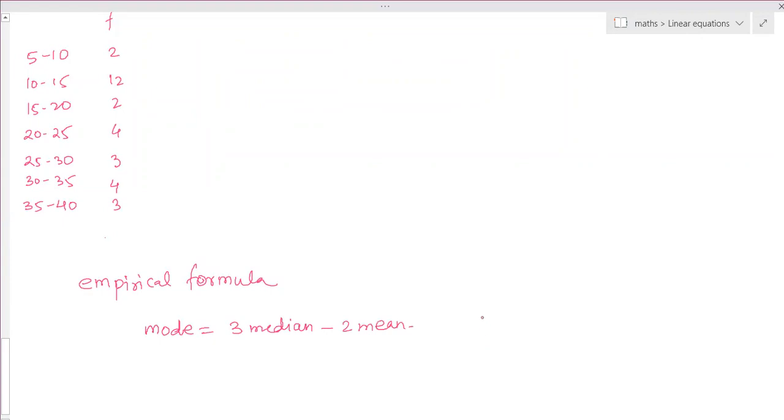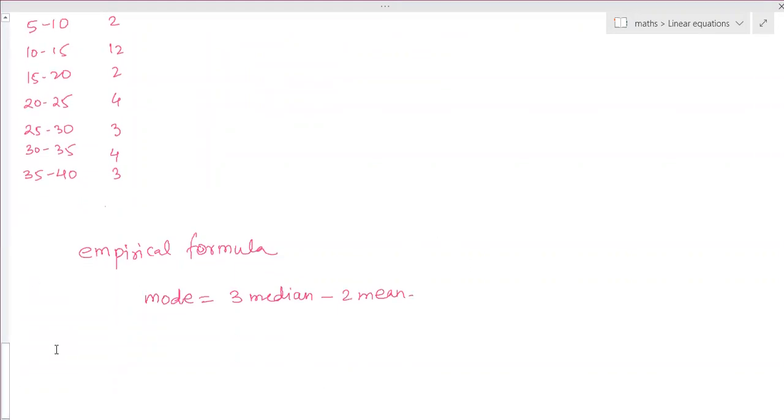If a 1 mark question is asked, and mean and median are given, you have to calculate mode. Or if mode and median are given, you can calculate mean. Or if mean and mode are given, you can calculate median. You have to remember this formula, or sometimes the relation is itself given in MCQ questions. So write down this formula.